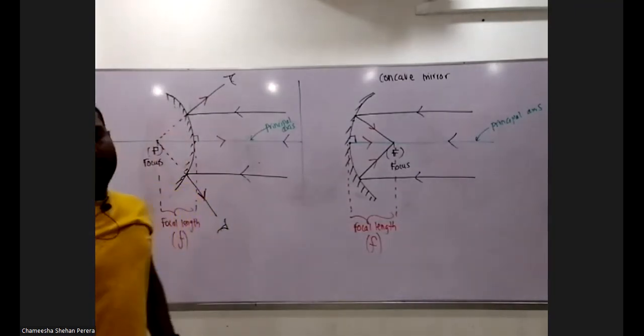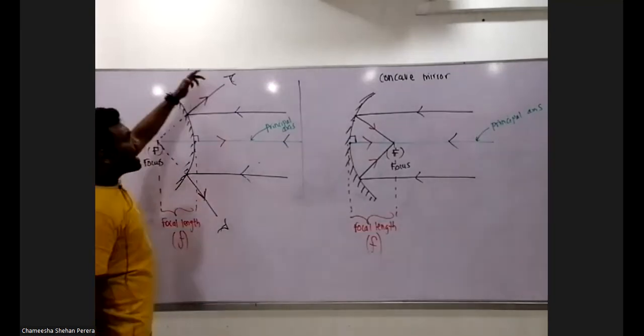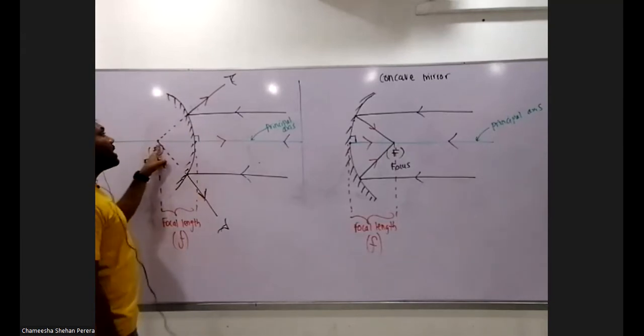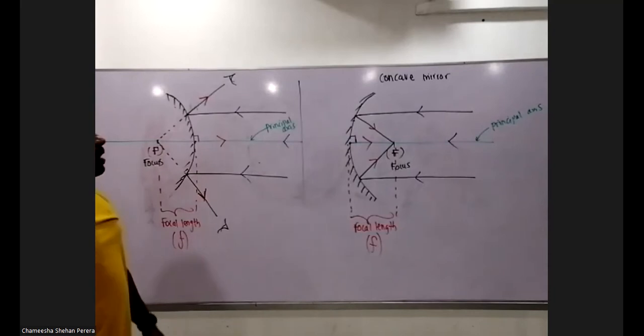After reflection, as the diverged rays appear to be coming from a point inside the mirror called F on the principal axis, we are going to write that point.